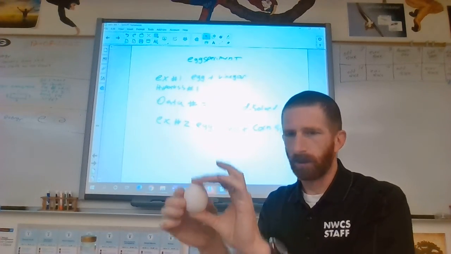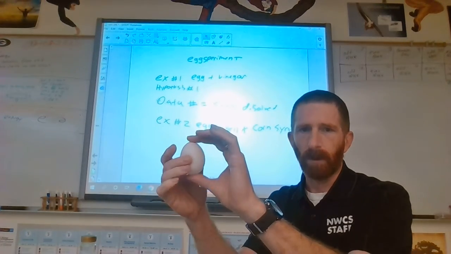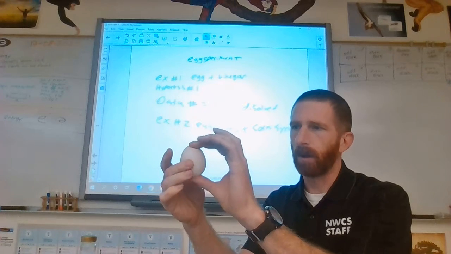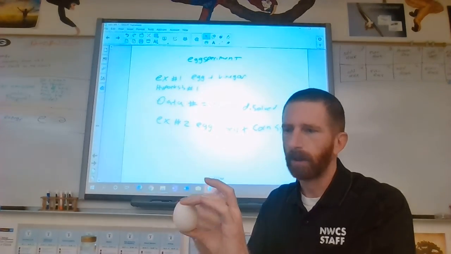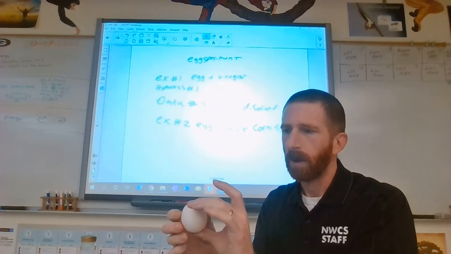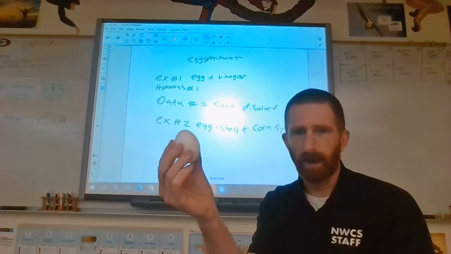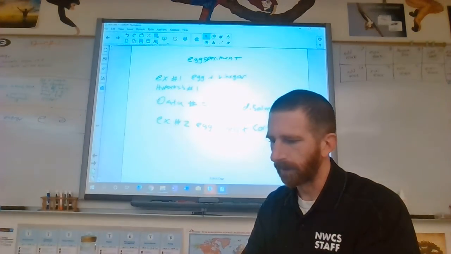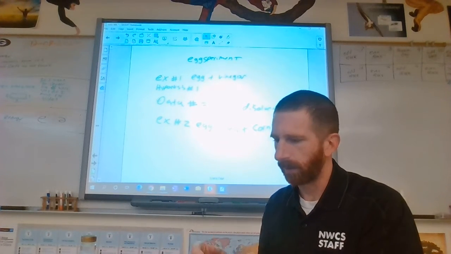Here we have one cell that we can see, and it has a flexible outer covering that we would call a membrane. There's no shell to impede things moving in and out of the cell. So we're going to investigate how the cell's environment changes what moves into and out of the cell.